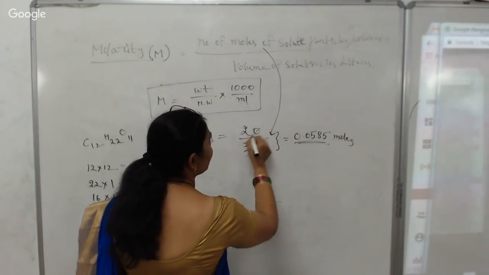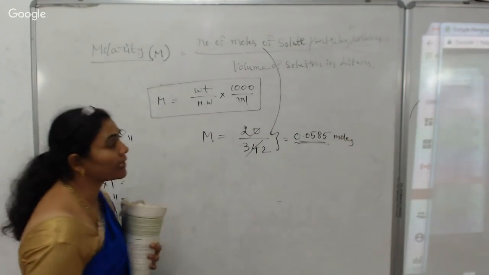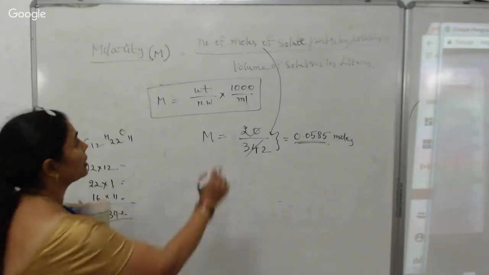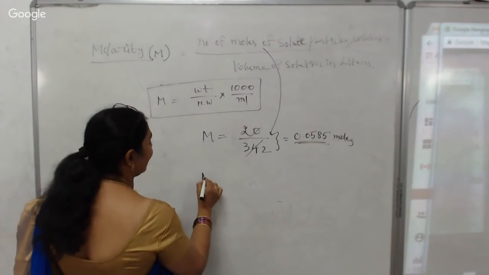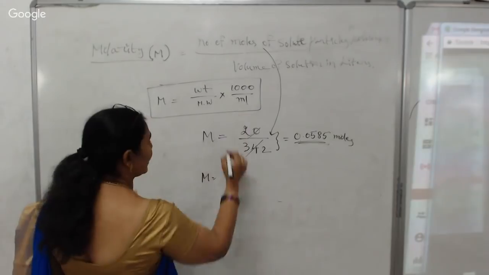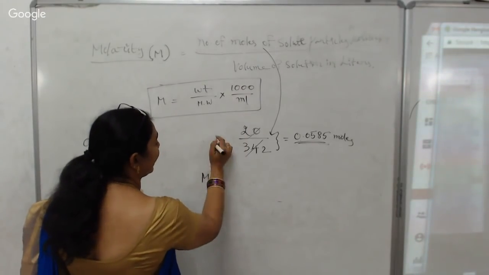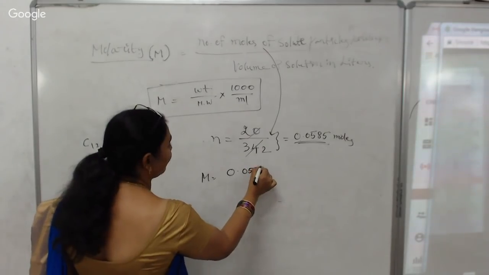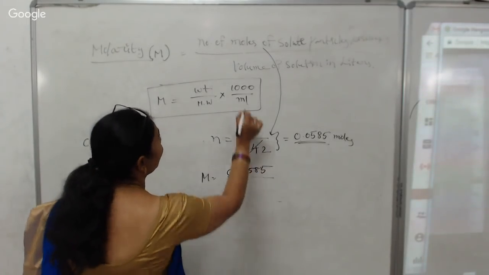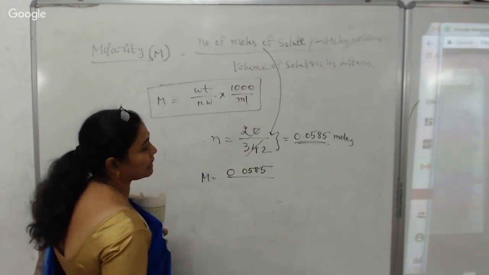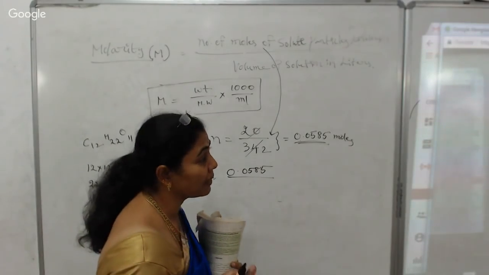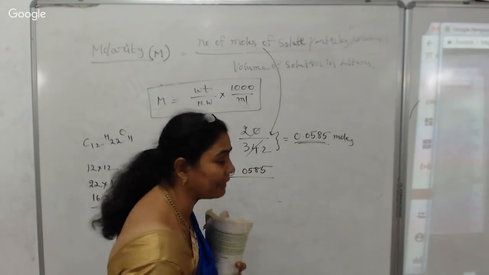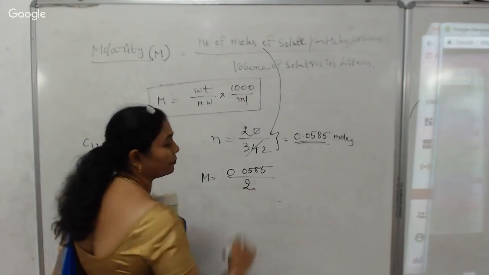If you cancel this and this, you will get 0.0585. So capital M is equal to small n, number of moles, 0.0585 moles divided by volume of solution in liters. Because in your book it is not given in milliliters, it is given directly in liters, so just substitute 2 liters, right?